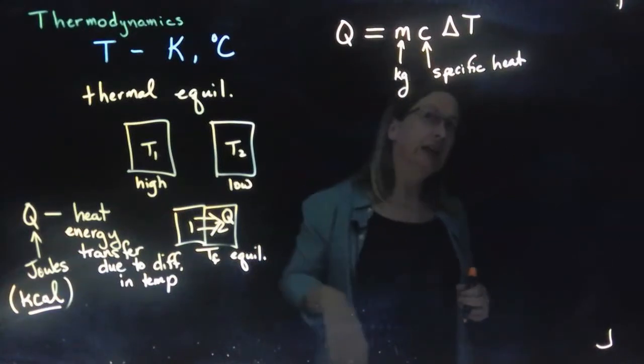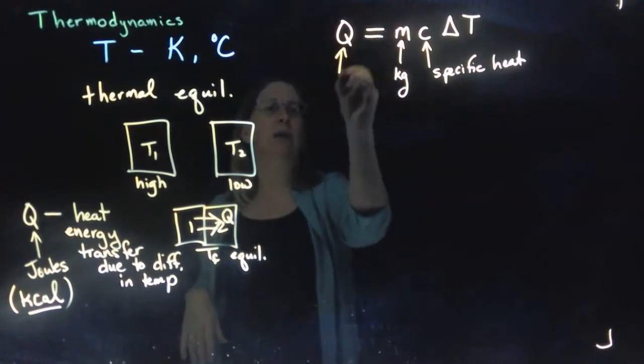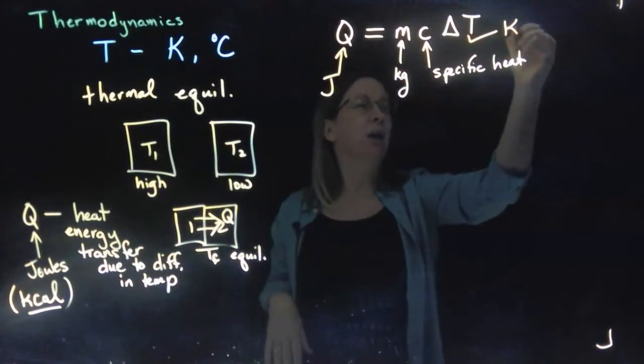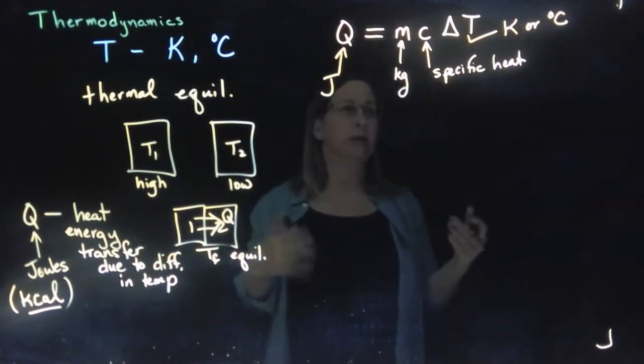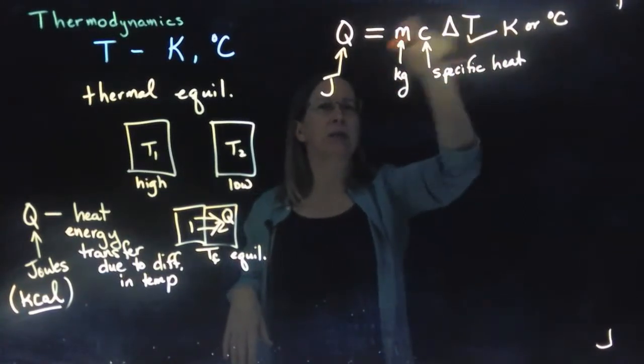So for specific heat, you can figure out the units. The heat is in joules, and the temperature change is in Kelvin or degrees Celsius. If we just look at the units, we need this times this times this to give me joules.